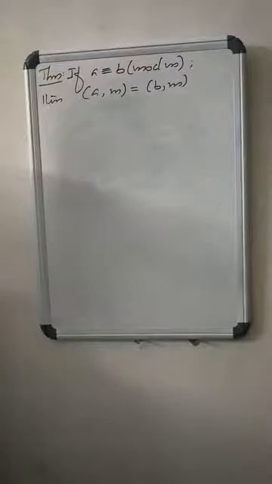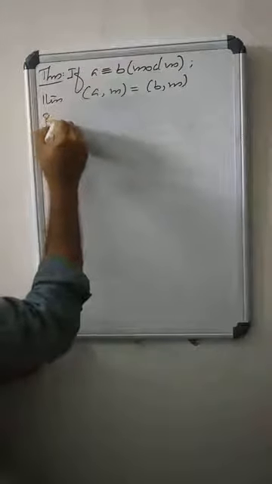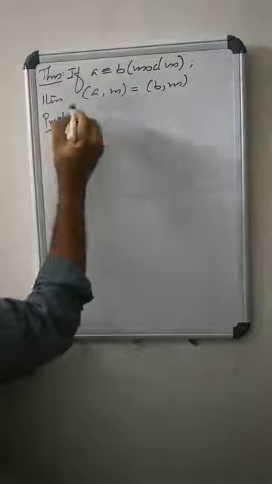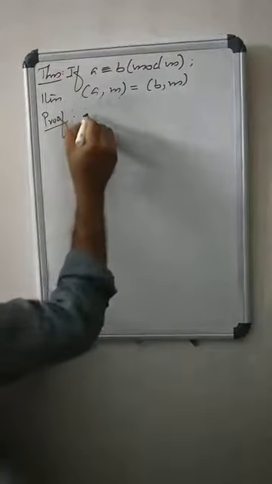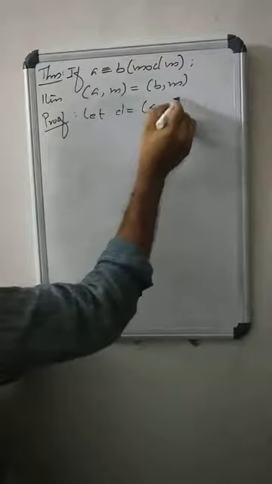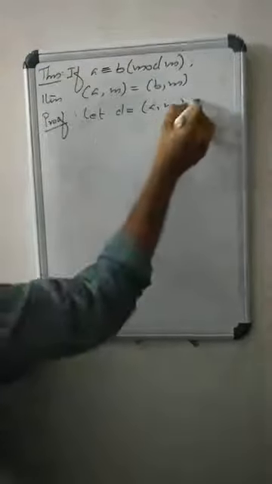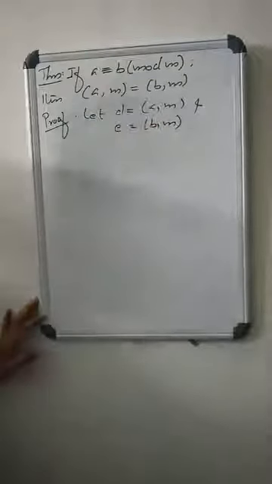How to prove this? To prove GCD of A and M equals GCD of B and M, that is the requirement. Let D be the GCD of A and M, and E equals the GCD of B and M. Agree?